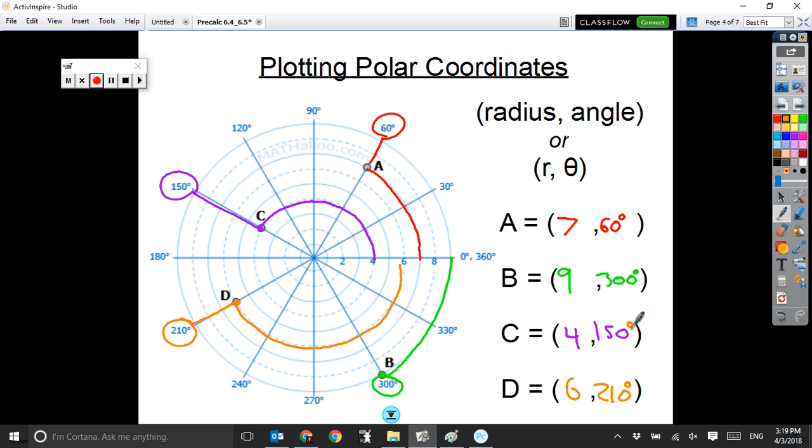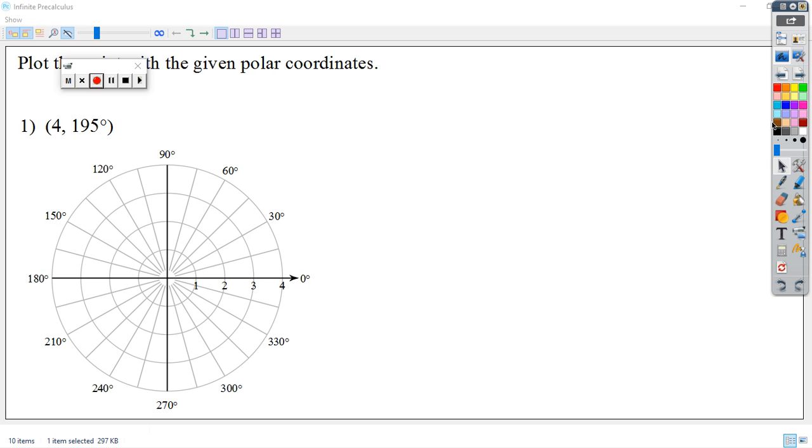Well, on your paper, you're given a point and asked to plot it. So I first see the 4. My radius of the point I'm given is 4. So I see 4 is right here, so I'm going to be on this outer circle, this outer radius. And I need to find 195 degrees.